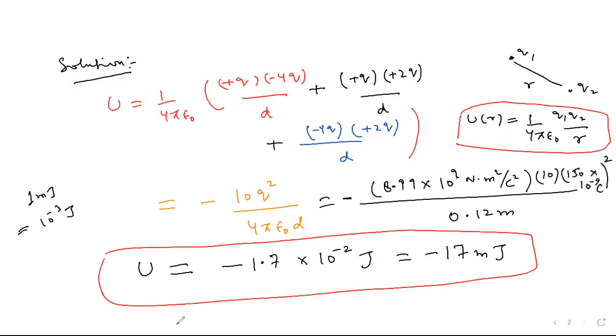Minus 1.7 into 10 raised power minus 2 joule, or minus 17 millijoule. As always, check the calculation at home.